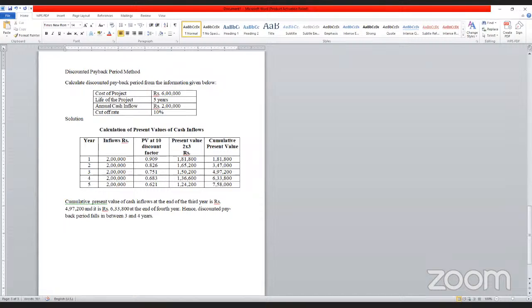Now we'll calculate to be exact how much we'll get. To be exact, discounted payback period is equal to 3 years first, plus the difference.